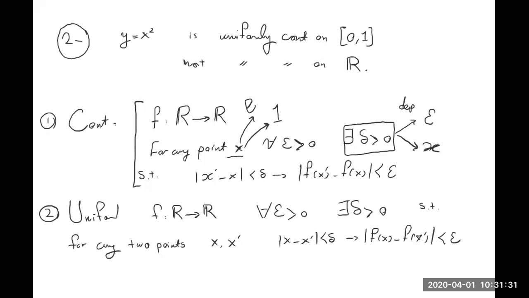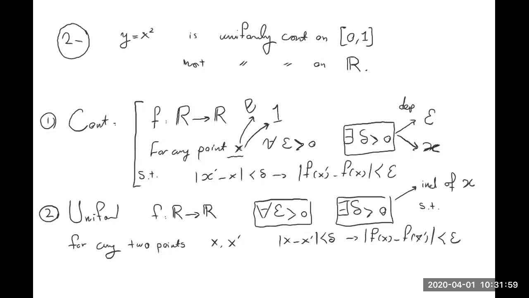But the second definition requires the function to have this property: for any epsilon, there exists a positive delta such that this definition is correct for any point x and x prime. So this delta is now supposed to be independent of x.